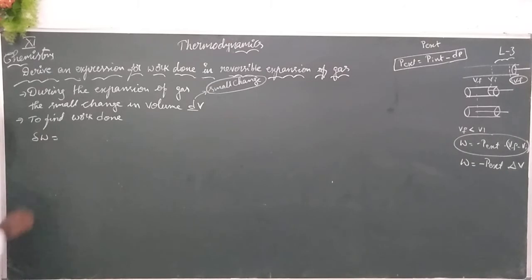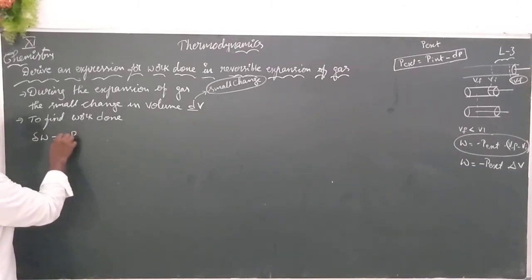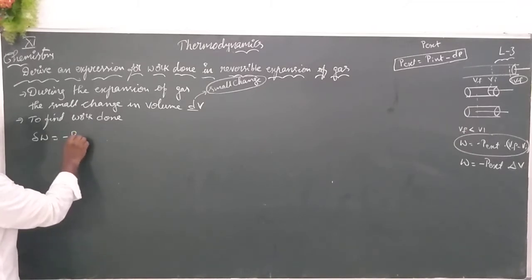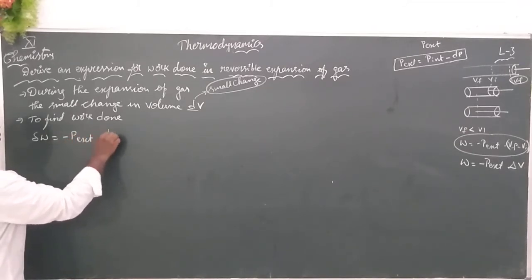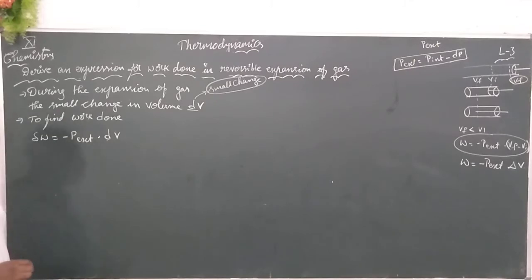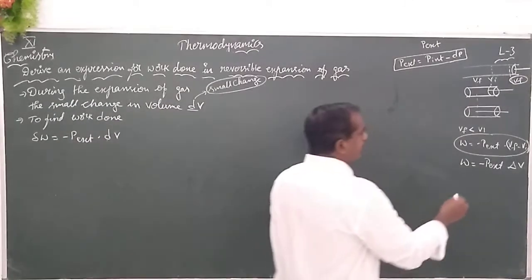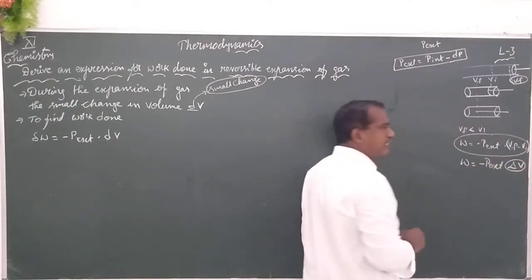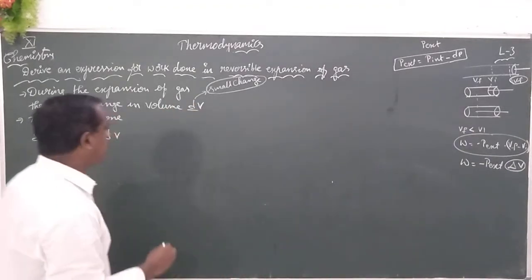Small work is done, that is assumed. Small work is minus P external into the small change in volume. In the place of delta V, we bring dV, meaning there is a small change in the volume.